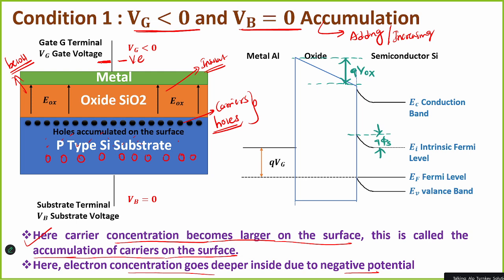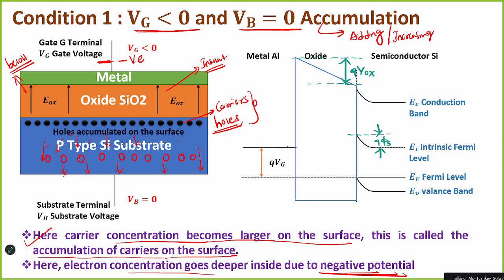Like charges repel: this is negative charge and this is negative charge, so both will repel. Some electrons will recombine, and whatever electron concentration is there will go deeper inside due to negative potential.